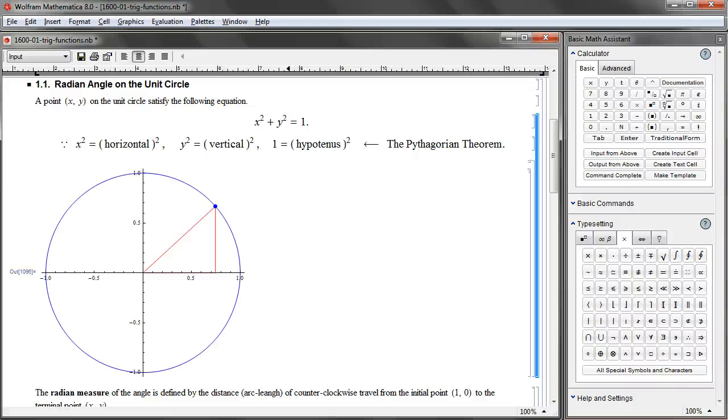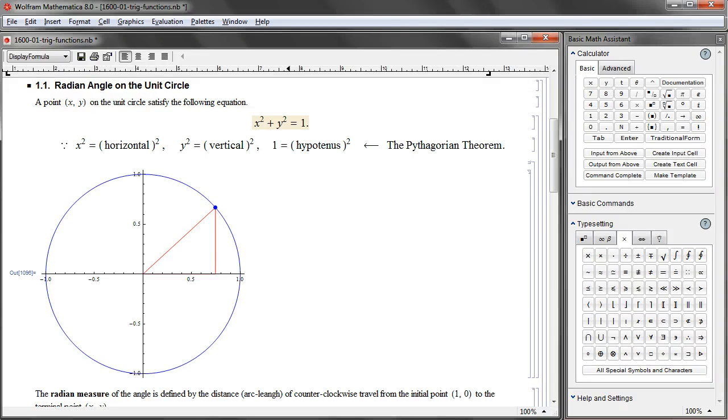Consequently, hypotenuse squared is 1 squared, that's 1. And then how about horizontal and vertical? Horizontal squared plus vertical squared will be x squared plus y squared, and consequently by Pythagorean theorem we have this. And x and y can be negative as well. In this particular case, when this point x comma y is selected in first quadrant, then x and y are both positive.